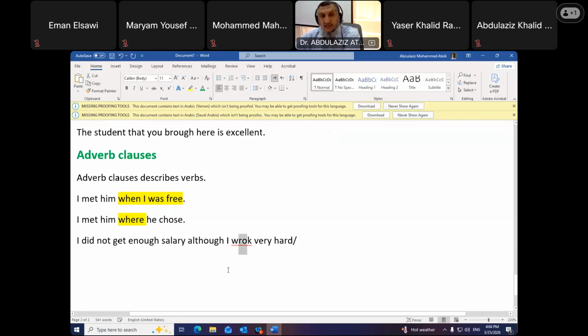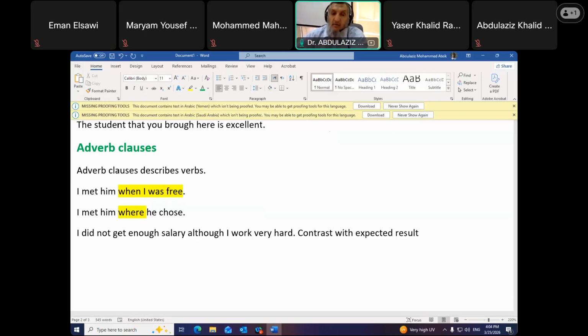This is contrast. This is contrast, but with unexpected result. When you work hard, you expect something, but if you don't, then it will be contrast, which is unexpected.